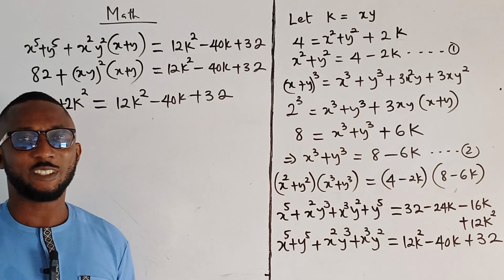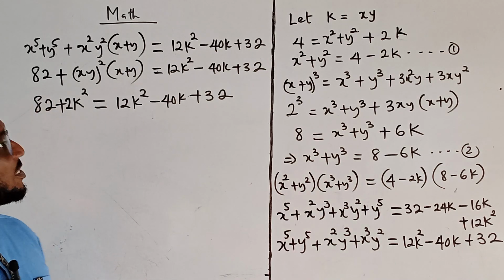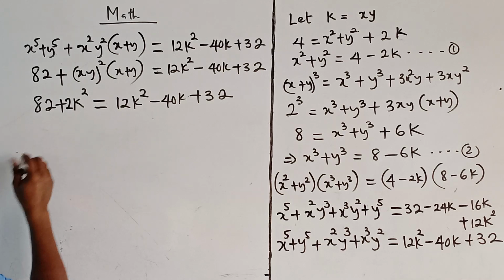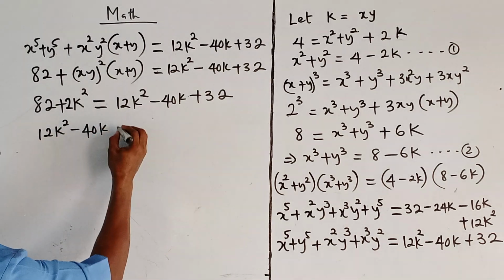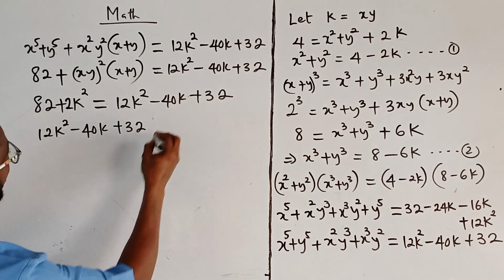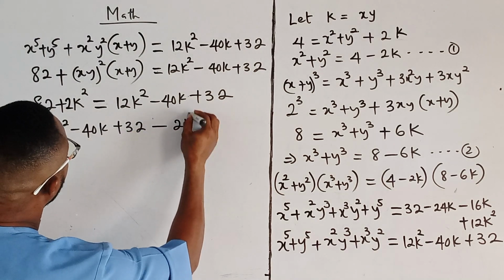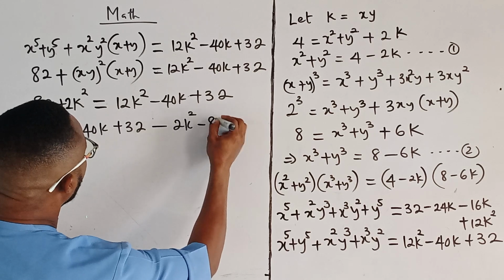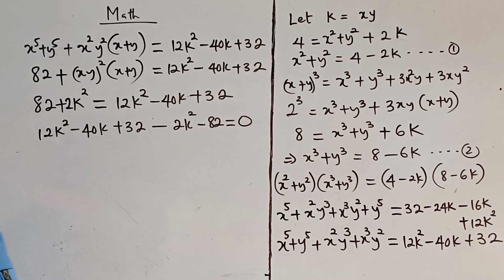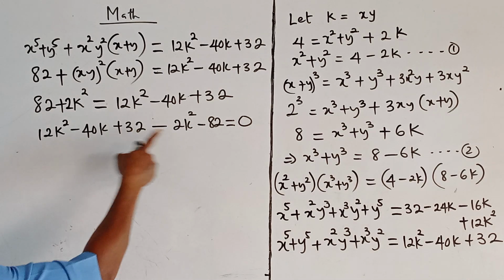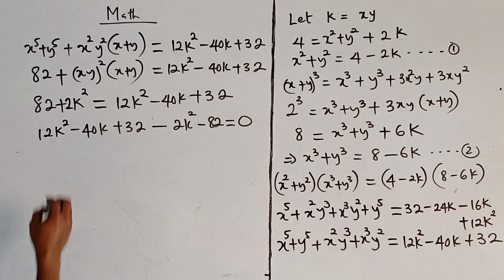So we have a quadratic equation in our hand. So I will say, okay, 12k squared minus 40k plus 32 minus 2k squared minus 82, everything equal to 0. So 12k squared minus 2k squared, that will be 10k squared.